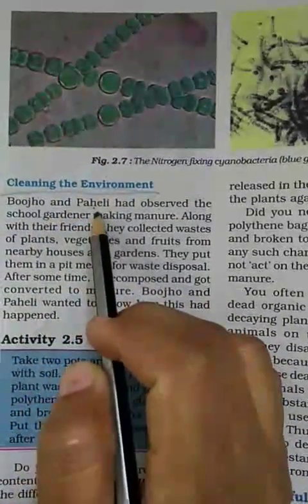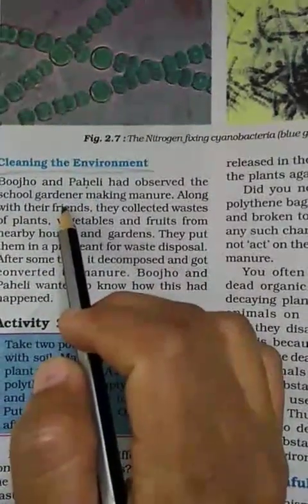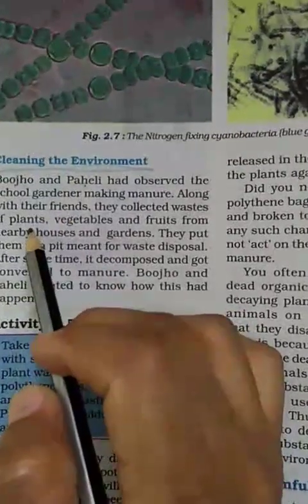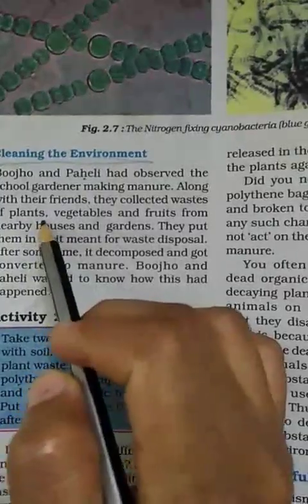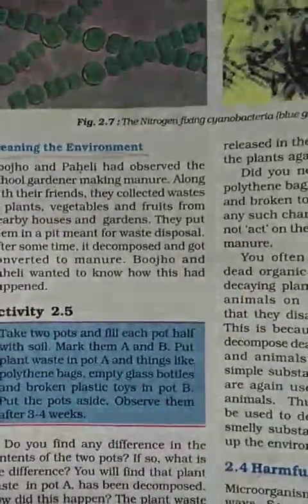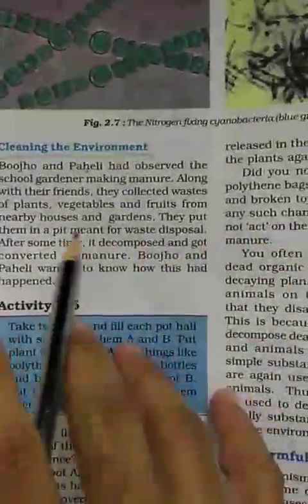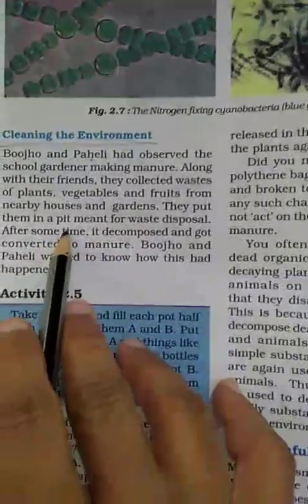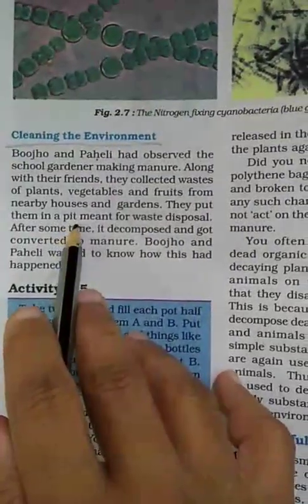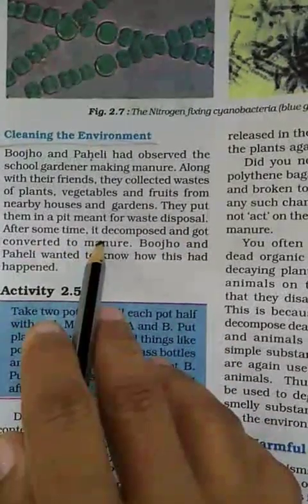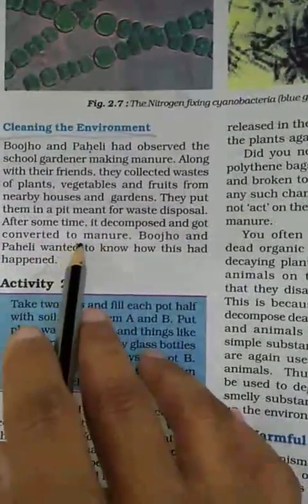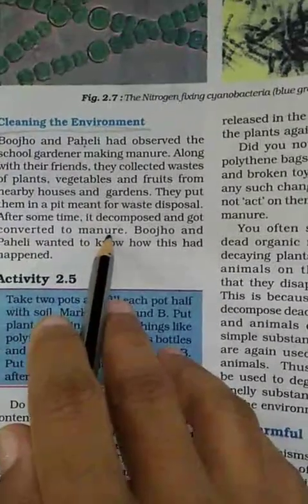Boojho and Paheli observed the school gardener making manure along with their friends. They collected wastes of plants, vegetables and fruits from nearby houses and gardens. They put them in a pit. Pit means a big hole for waste disposal. After some time, it decomposed and got converted to manure.